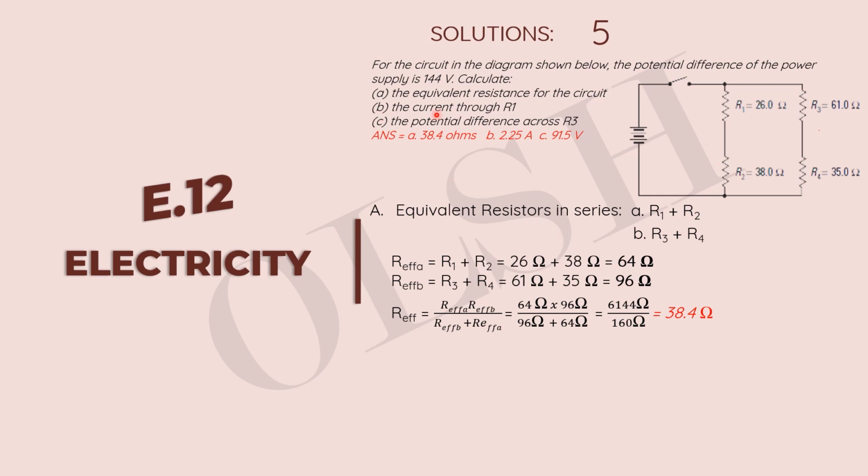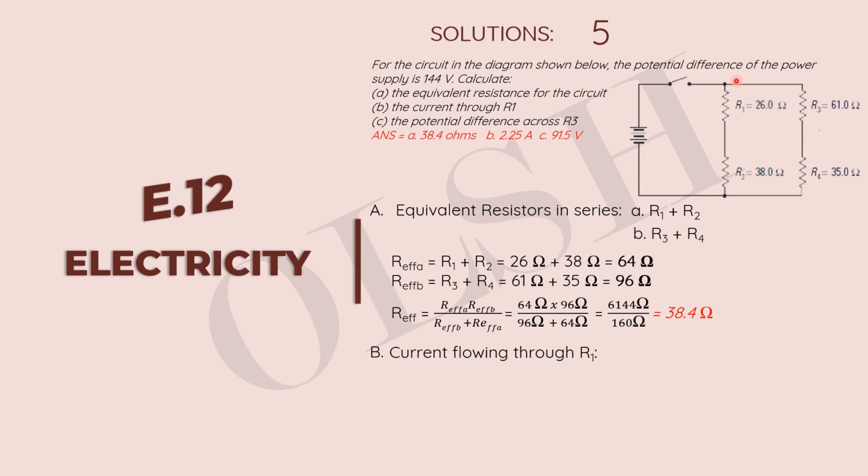So next we're asked to find the current through R1. If we need to find the current through R1, we have to understand how current flows in a circuit. Remember I said in class that current flows through the path of least resistance. So obviously once it starts flowing here, it comes and it is resisted on this part and on this part.